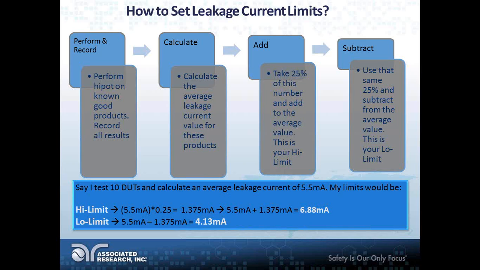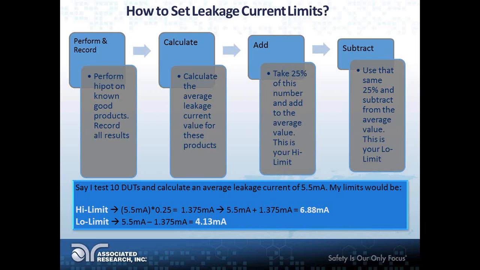So the first step is to perform a Hipot test. Take some known good products that you know are good and have passed all the safety tests in the past. Perform a Hipot test on all those samples and record all the results. Next, calculate the average leakage current value for these products.